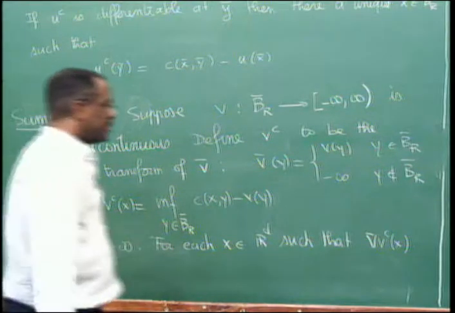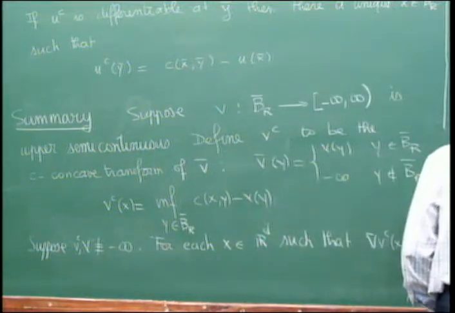So let x be such that the gradient of VC at x exists.